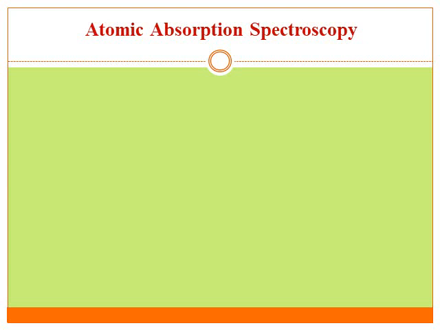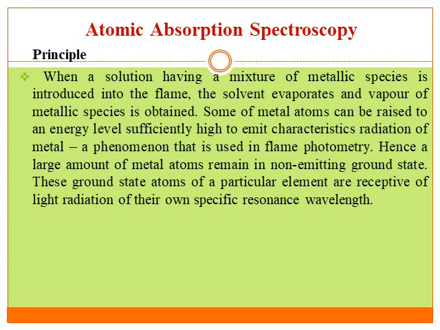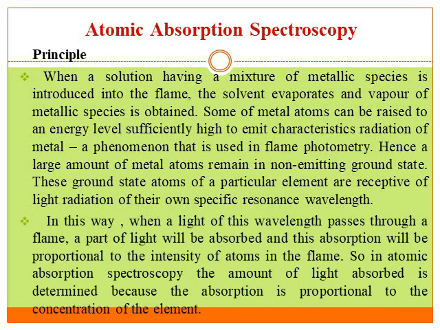So what is the principle of atomic absorption spectroscopy? In the previous session, we discussed the emission intensity measurement in flame photometry. When a solution having a mixture of metallic species is introduced into the flame and aspirated, the solvent evaporates with the help of the flame and vapors of the metallic species are obtained.